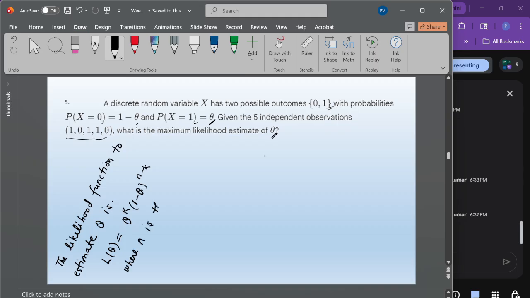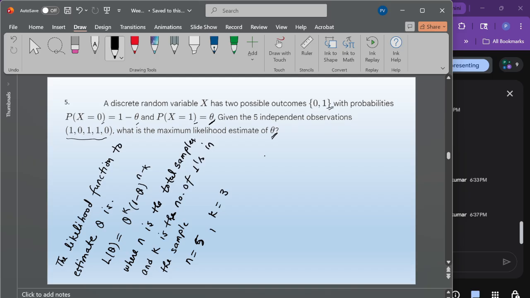N is the total samples, and k is the number of ones in the sample. Okay, so n is the total number of samples and k is the total number of ones. So here n is given, 5 samples are given, right? 5, and k, there are 3 ones, so k is equal to 3, right?